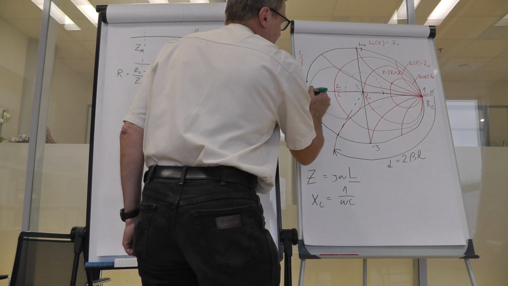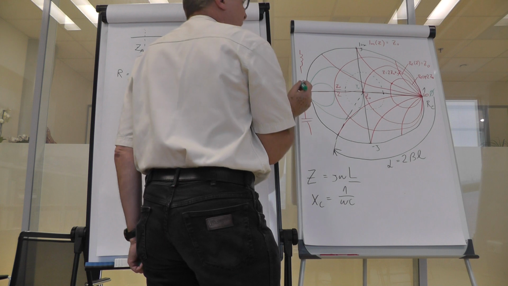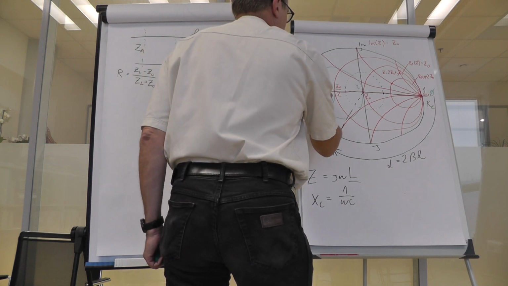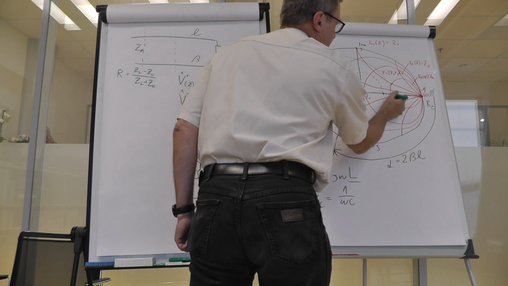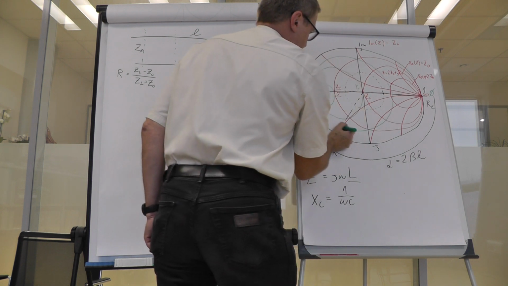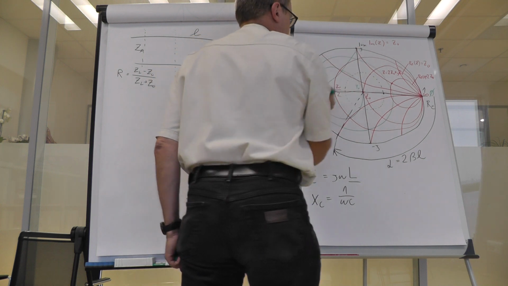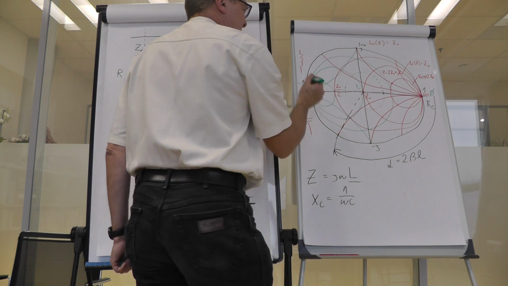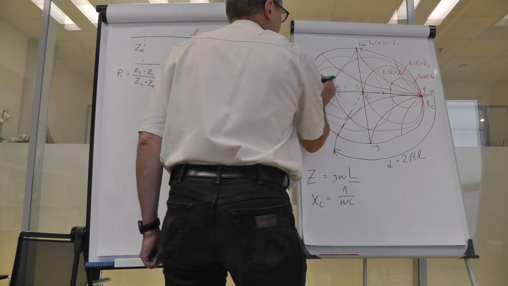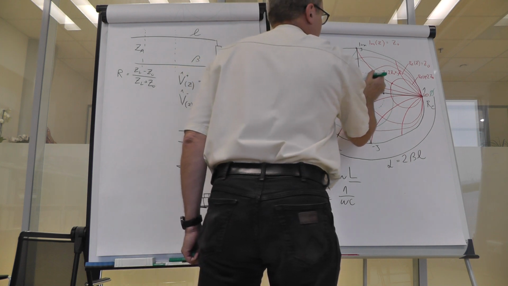And there would be another circle for 1/2 of Y0, and another circle for 2 Y0. And as to the imaginary part, it would look like this again. Now those are not reactances but susceptances, but the story is more or less the same.